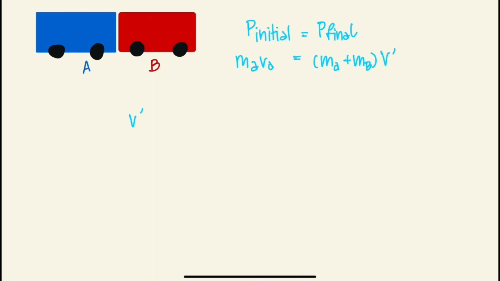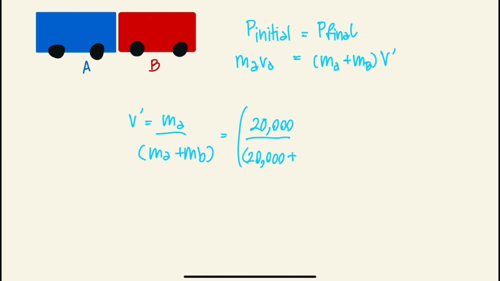Now v prime equals mA over mA plus mB times vA, which is 20,000 over 20,000 plus 20,000 times 25 meters per second. So we get 12.5 meters per second. This is how you use the law of conservation of momentum to find other variables such as velocity.